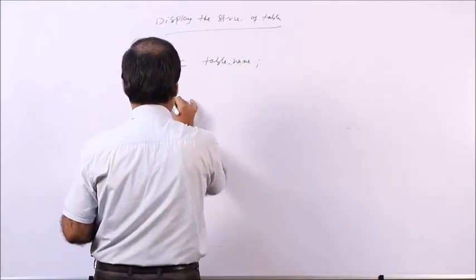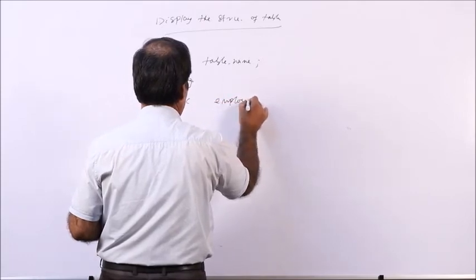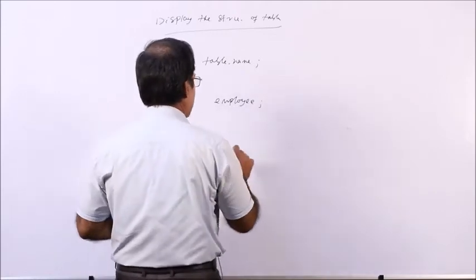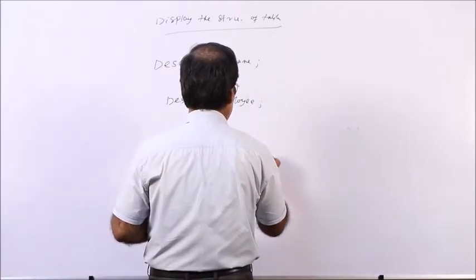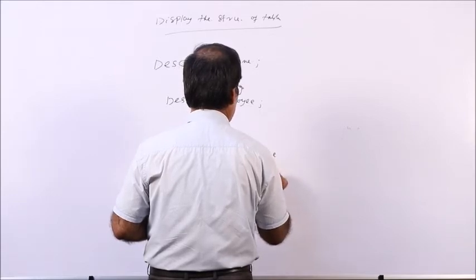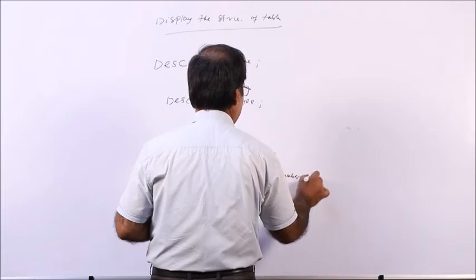So, suppose I write DESC employee. What will it show you? The name of the table is employee, it will show you on the computer screen. So, employee number is a number type, size is 5.